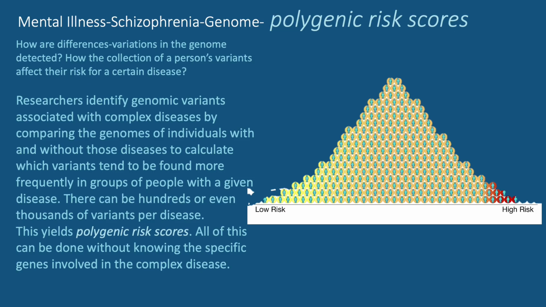The way we use this information is to calculate a polygenic risk score. A polygenic risk score is the sum of all these genomic variants that altogether increase the risk of developing a disease or that are associated with the disease.